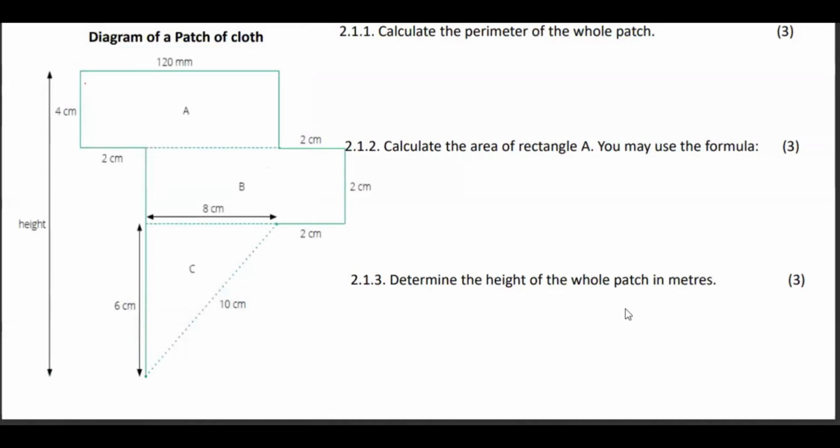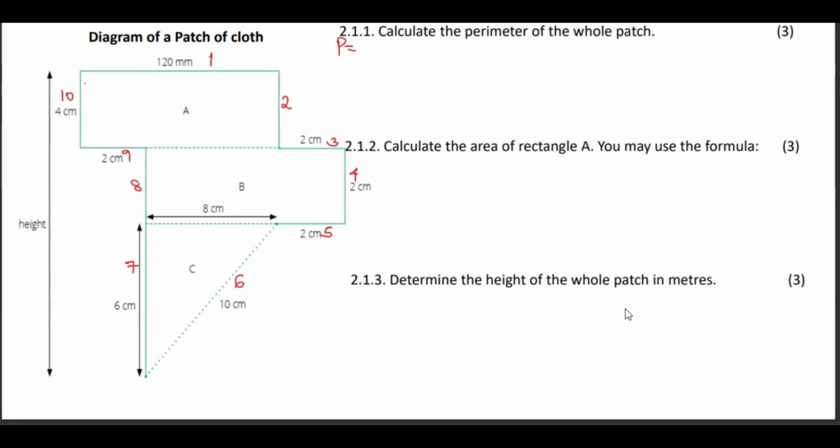The first one is 1. We have 2, 3, 4, 5, 6, 7, 8, 9, and 10. So simply, we're adding 10 sides.